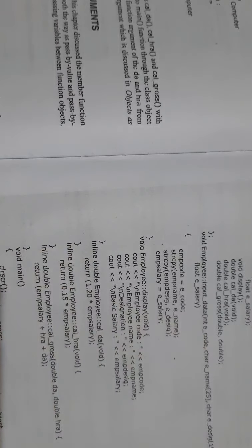So what you're doing is that you're passing not the actual value but the copied value to a new variable. Okay, so this is the call function. This is the calling function, and this is the call function. As you can see, the calling function and the call function, the name will be same, only the format will be same.